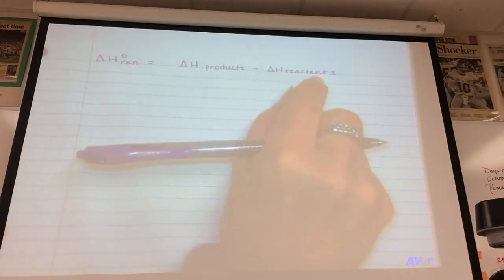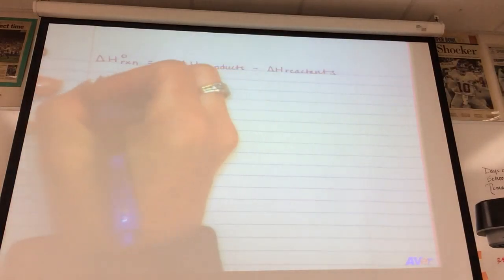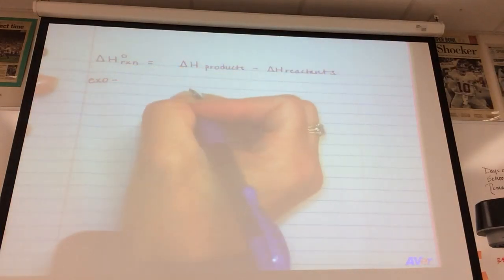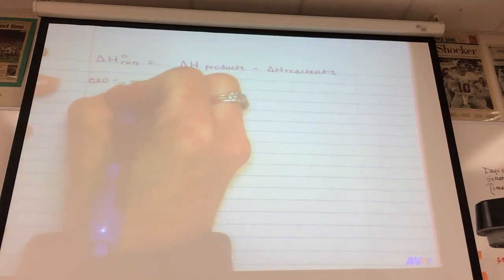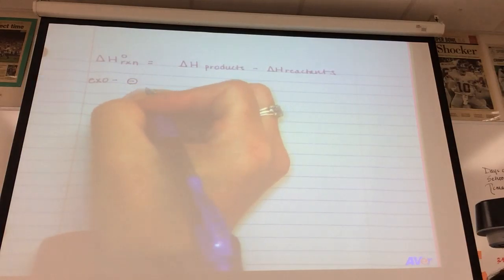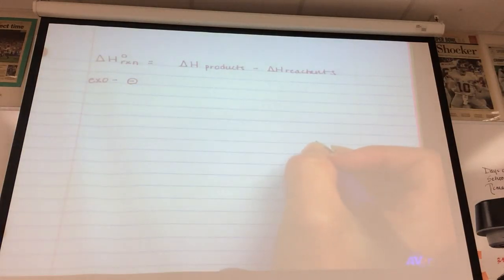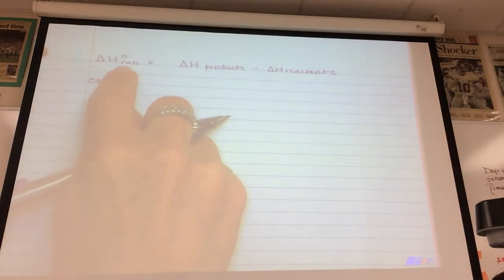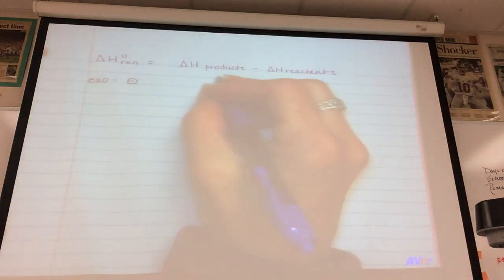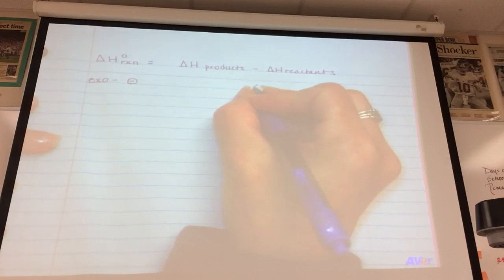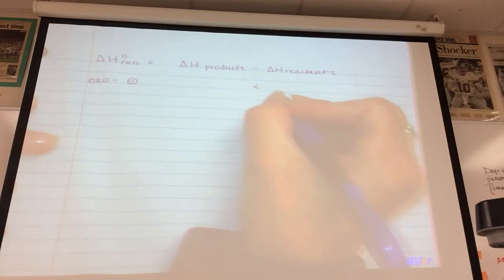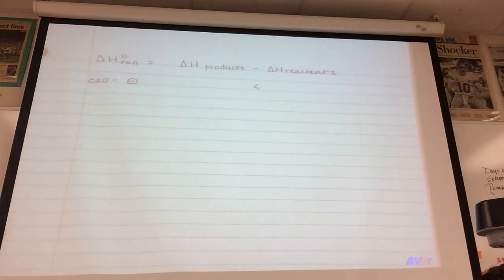So products minus reactants. In an exothermic reaction, abbreviated EXO, delta H will be negative. That means that heat is released. In order to get a negative delta H, you will see that the delta H of the products must be less than the delta H of the reactants.